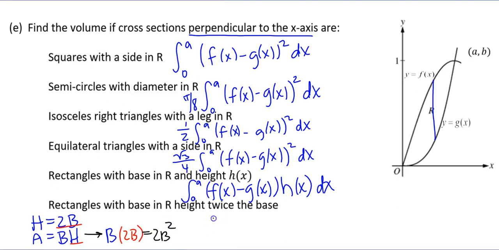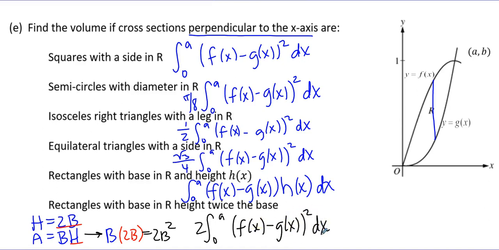So we can come into our integral now and go integral from x equals 0 to x equals a of 2. I'm going to bring that out of the integral. And then base, which is f of x minus g of x, squared.